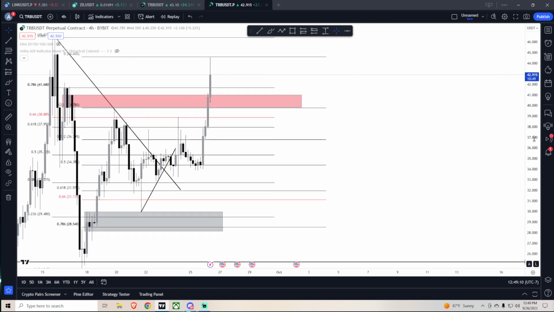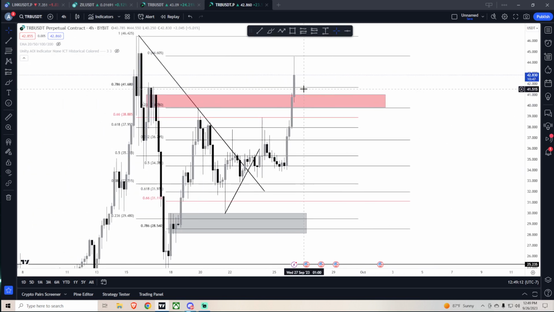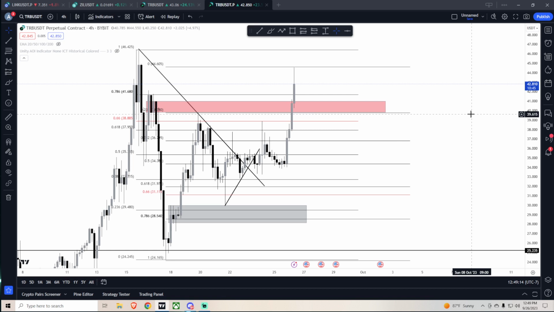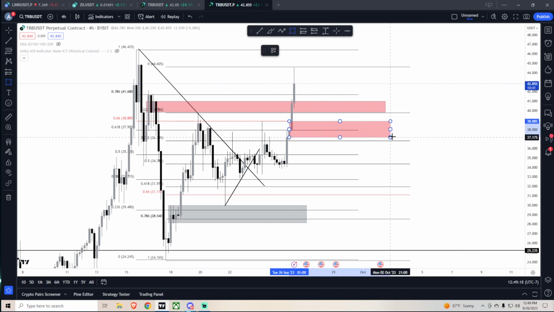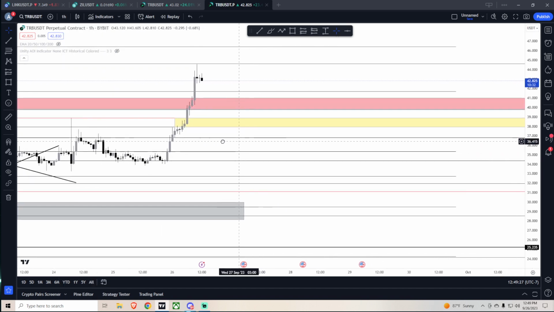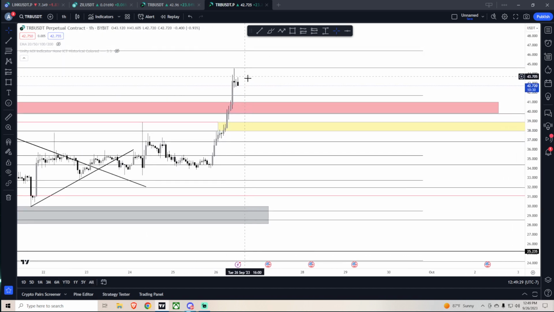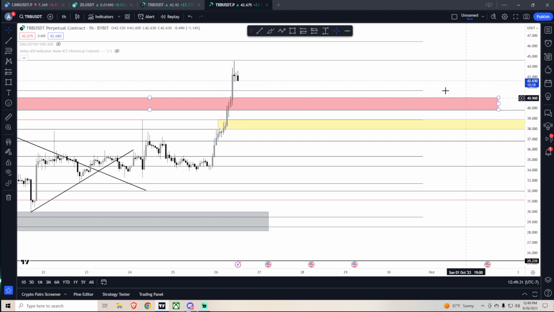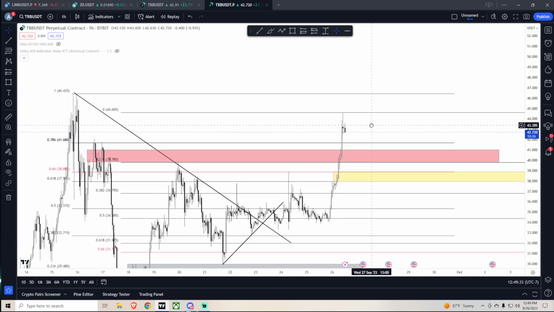If this continues to rally and then drops hard, I don't know if this is the final hoorah movement for TRB, but the golden pocket is a possible entry point. I'm just staying away from this coin entirely.